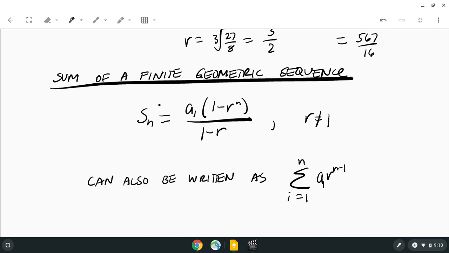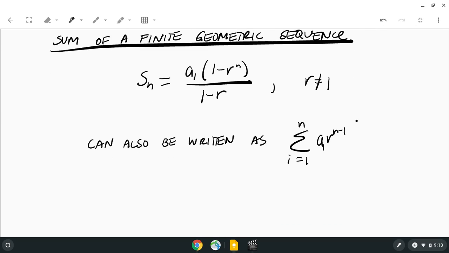But to find the actual sum, you only need a1 and r, and however many terms. The sum of the first 50 terms, plug in 50 for n. The sum of the first 100 terms, plug in 100 for n.